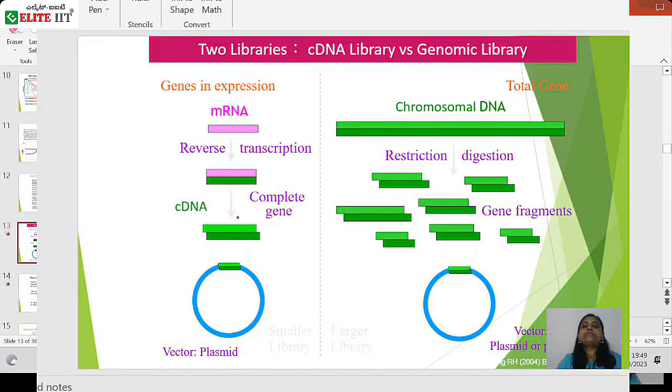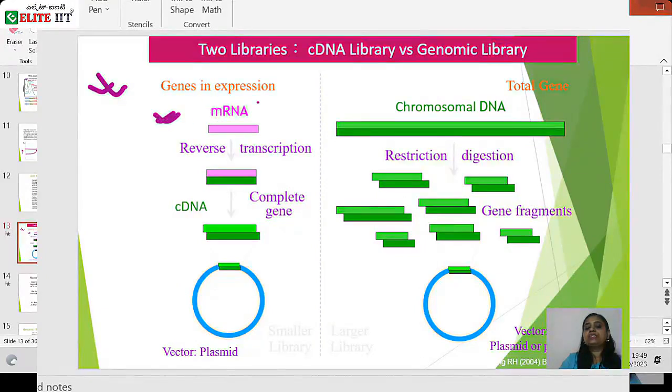Now see, you have to start from this slide. So two libraries are possible, a genomic library and a cDNA library. That means you can construct two types of libraries. cDNA, you know, means complementary DNA. Complementary DNA is produced from the mRNA.